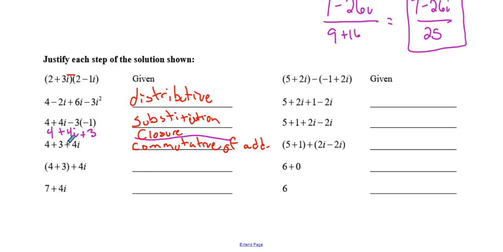And then we are going to put this 4 plus 3 into parentheses, and that is the associative property. And the last step here, we are completing the 4 plus 3 to get 7. So again, that is the closure property.